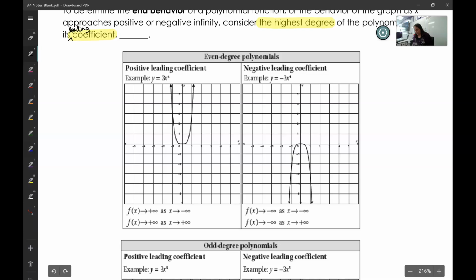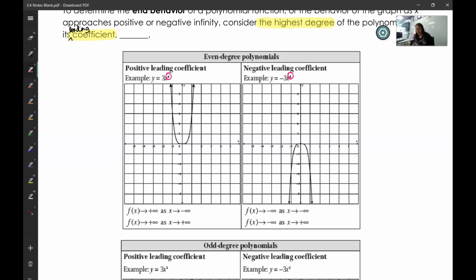Let's say we have these ones where we have an even highest degree. So anytime it's even, x squared, x to the 4th, x to the 6th, and it's only the highest one. We only care about the biggest degree.